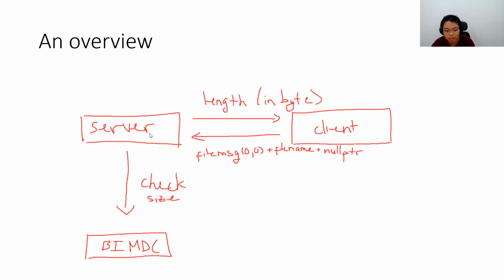That means you indicate to the server that you only want the length of the file. So you pass in the file message, the file name, and the null pointer at the end. And I will talk to you about a null pointer in a bit.